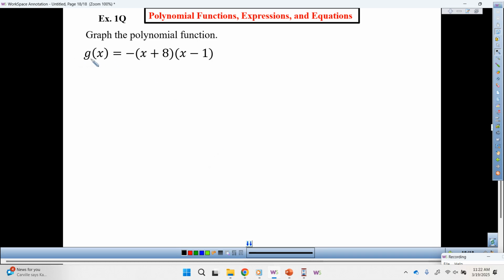Step 1. Is it in factored form? Yes. Step 2, set it equal to 0. Step 3, set each of those equal to 0.